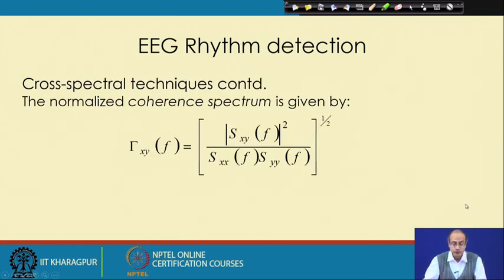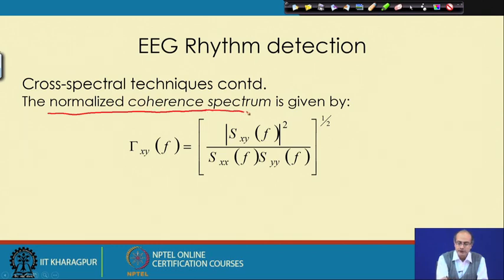Now, before getting into the examples, we have a term called the normalized coherent spectra. Earlier we had the autocorrelation function, the ACF, and the cross correlation function.